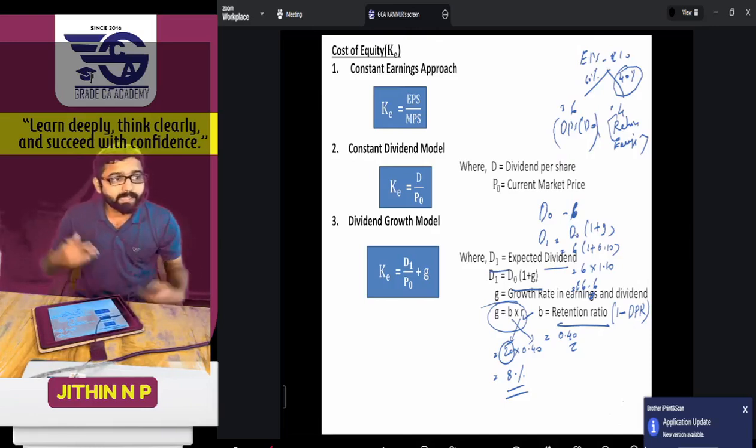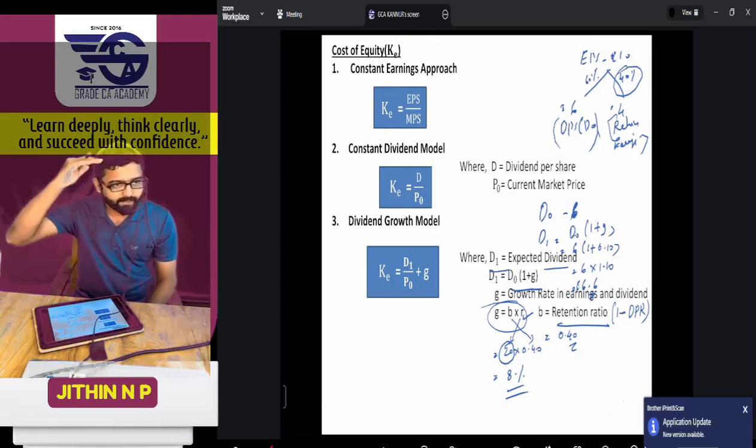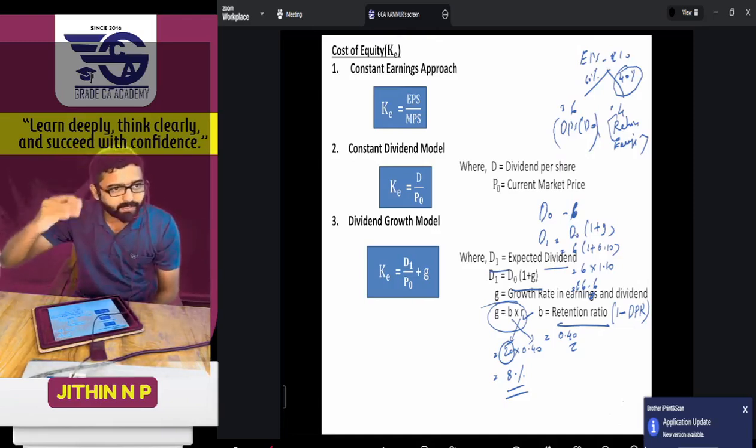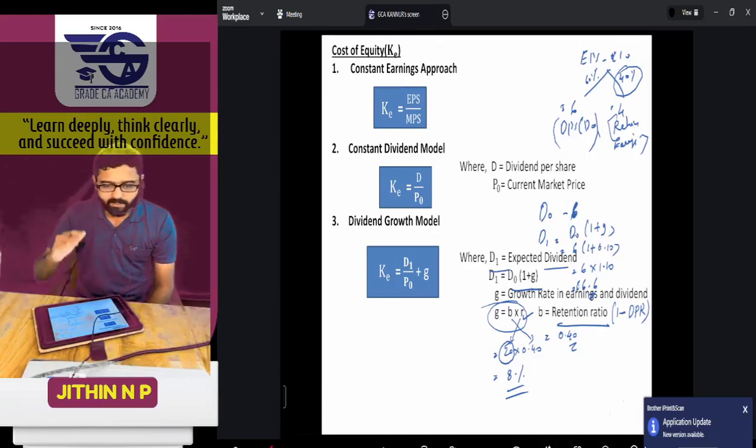Clear? Each year the company has a constant growth of 8%: year 1, 8%, year 2, 8%, year 3, year 4. Each year the company expects a growth rate of 8%.